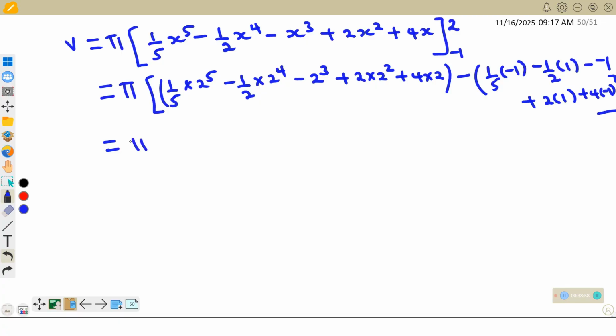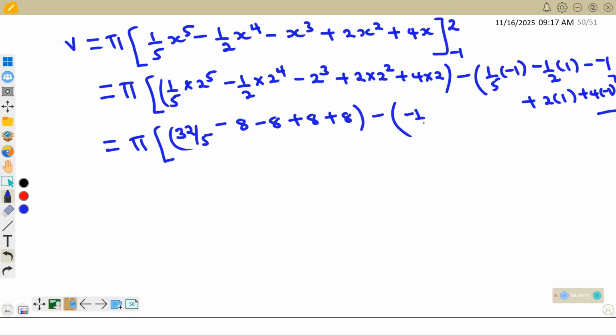So this would be same as pi into, so this is 32 over 5 minus, this is 8, this is also 8, this is also 8, then again plus 8. Then we are subtracting, this is -1 over 5, this is minus a half, this is plus 1, this is plus 2 minus 4.